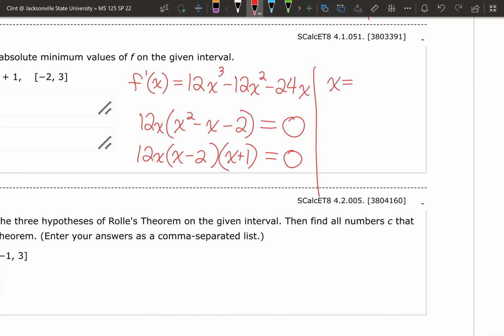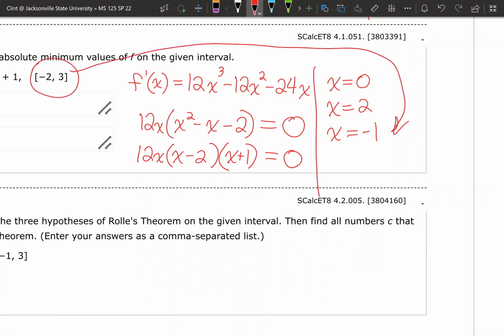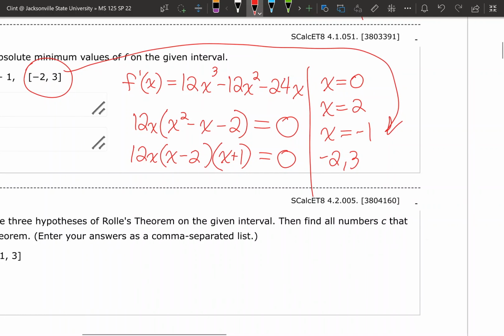We get x equals 0, x equals 2, x equals -1. And then we also want our endpoints in here, so we'll check -2 and 3. So sadly, we got 5 of these we have to do this time.